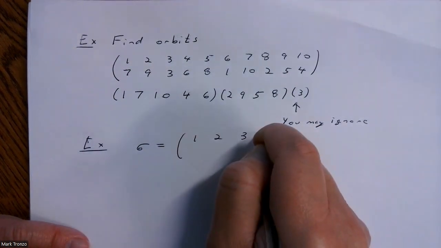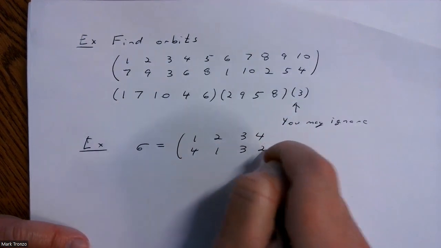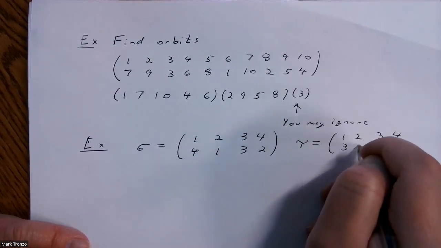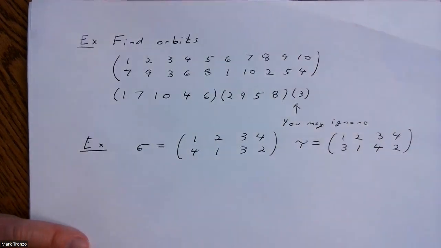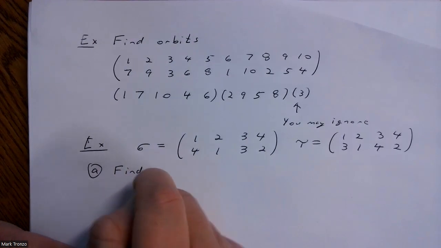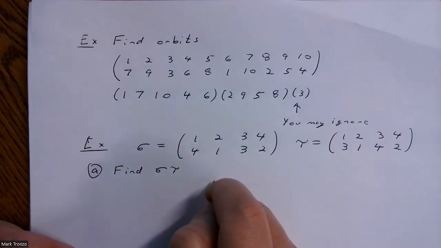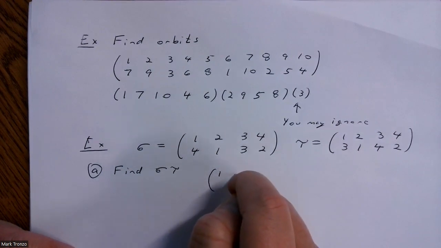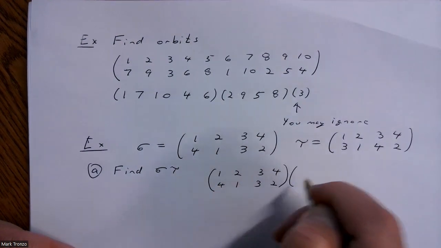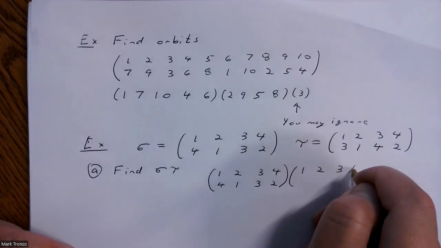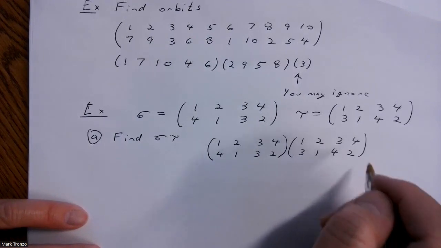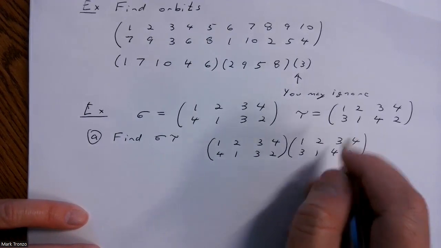So if we have this 1, 2, 3, 4, 4, 1, 3, 2, and 1, 2, 3, 4, 3, 1, 4, 2. And so again, if we have to find sigma tau, then again, we need to go from right to left.